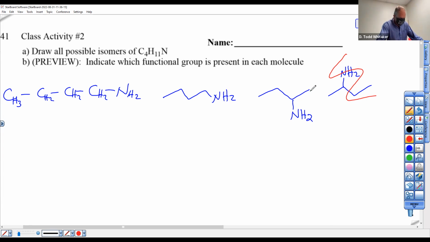It goes C1, C2, C3, C4 with an NH2 off C2, right? Look, C1, C2, C3, C4 with an NH2 off the second carbon. I use the exact same words. And my words describe the whole molecule, didn't they? Yeah, so not unique, don't try it.